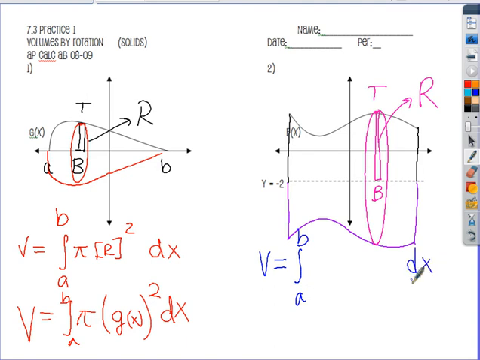My top function in this case is, so pi r squared. So that whole thing inside of here needs to be r. I'm going to do the top function in red. The top function is f of x, minus my bottom function in purple, which is -2. That's how I would find this guy's volume.